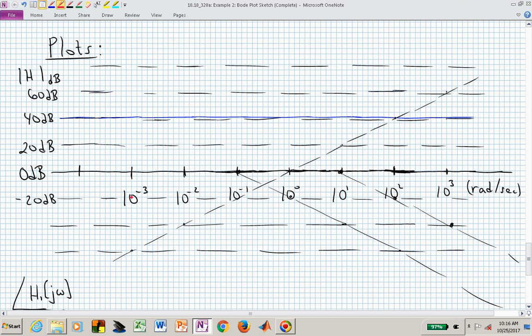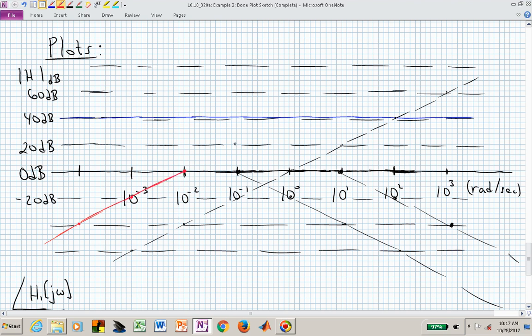Had a bug in my ear telling me something wasn't quite right. So now we are at minus 20 dB at 0.001 or 10 to the minus 3. At 10 to the minus 2, we have minus 40 dB plus 40 dB or 0 dB. And we're coming up from the bottom, so that's going to always be happening in our magnitude plot.